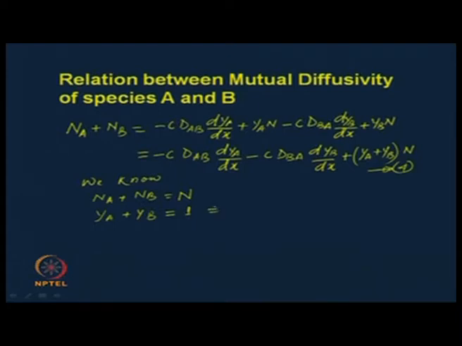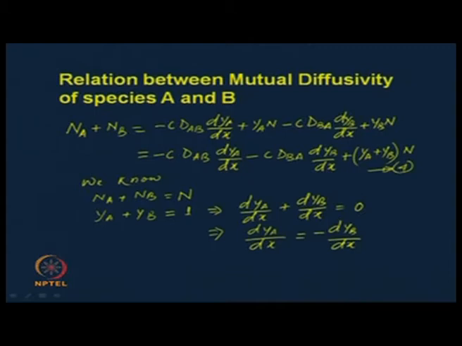So, from this if we differentiate, it will be d Y A d x plus d Y B d x is equal to 0. So, it will lead to d Y A d x being equal to minus d Y B d x.